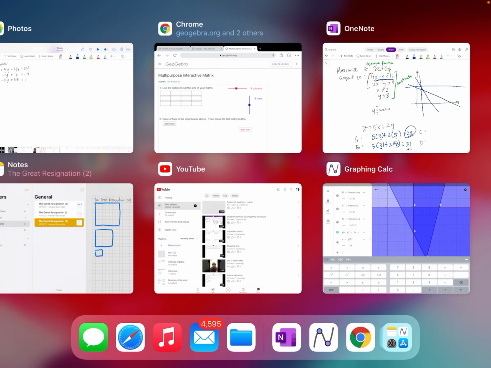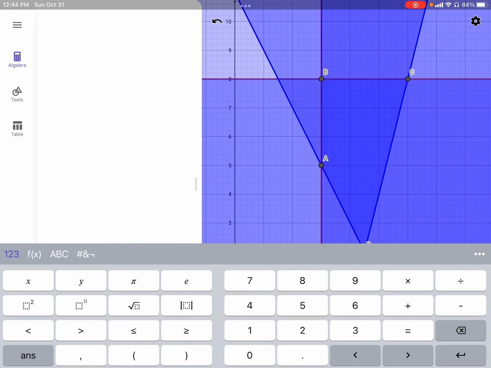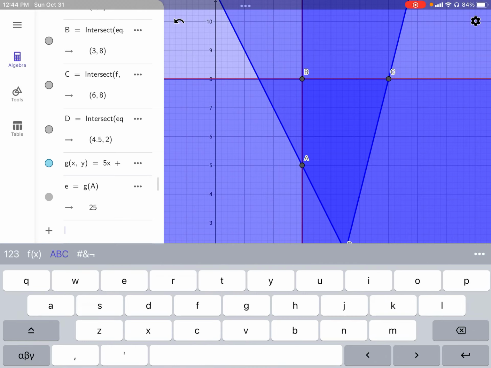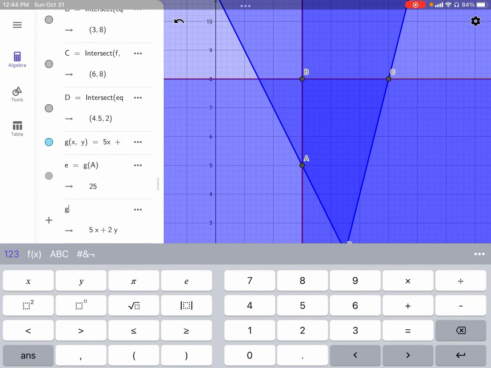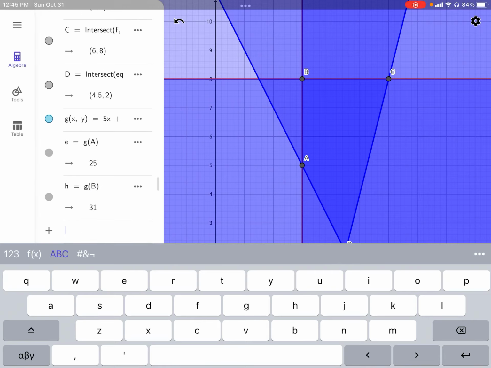So go back to GeoGebra. It's working correctly. Could expand this because we're kind of done with the graph. It didn't stay. So test them all. G. It's kind of tedious typing this on the iPad. The computer is way easier. But we got 31, which we knew.